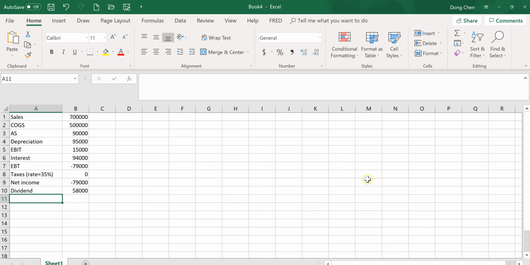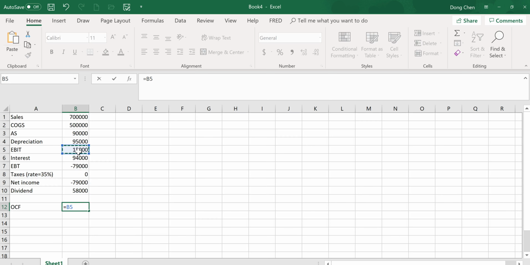Now we can calculate, remember, the purpose of doing all this is trying to figure out the operating cash flow. So operating cash flow, we start from EBIT, and then we add back depreciation because depreciation is not a cash outflow. It's just a book value markdown of a specific equipment or other fixed assets.